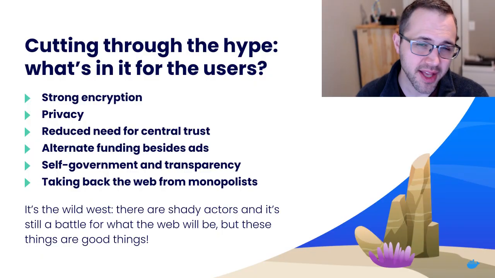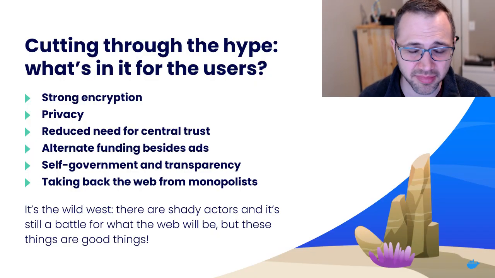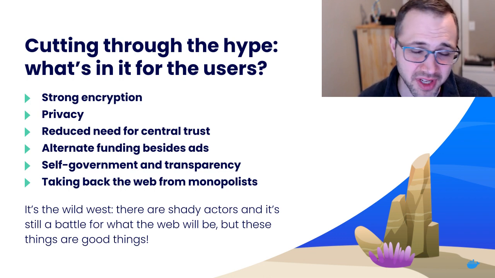We think the thing that will define Web3 in a way that outlives being a flash in the pan is being ruthlessly focused on what is useful to users. And so the things that benefit users, we think, are a collection of things, but strong encryption provides a level of security.